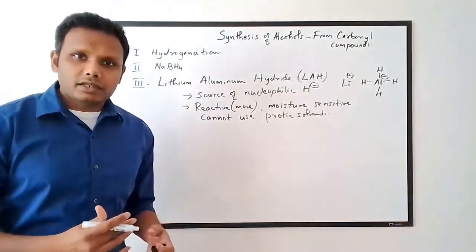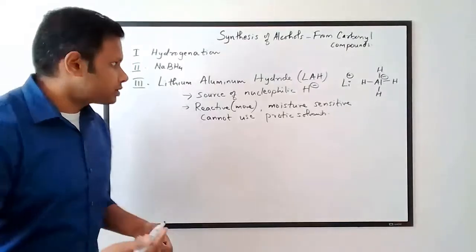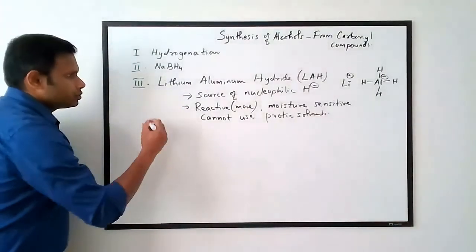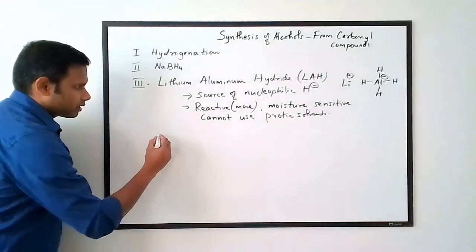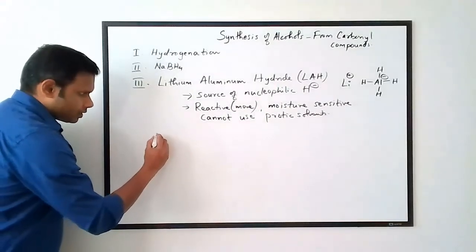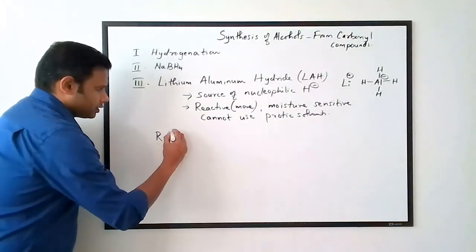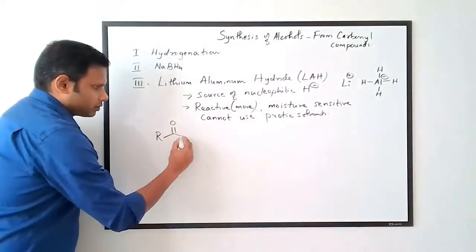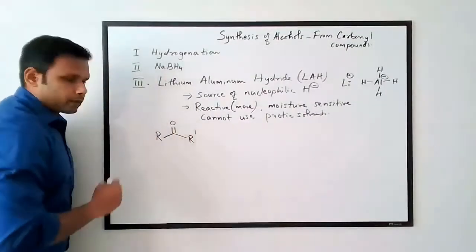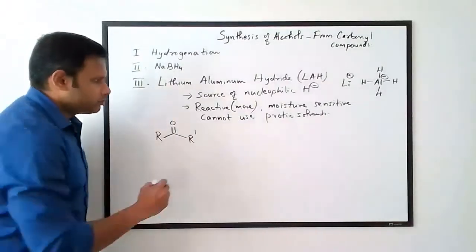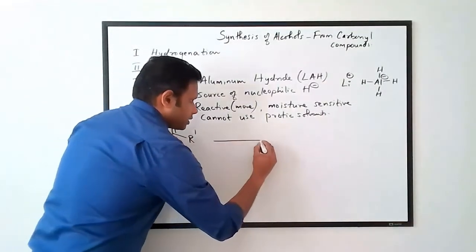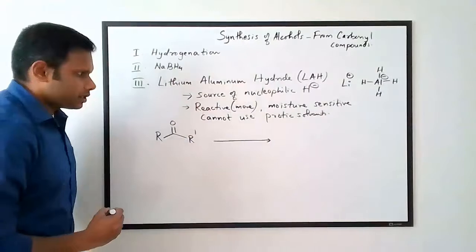So the reaction itself is done in 2 steps. Very similar to the sodium borohydride example. If you have a carbonyl compound, let's say you have R C double bond O, R prime. For the lithium aluminum hydride reaction, this reaction is done in 2 steps.